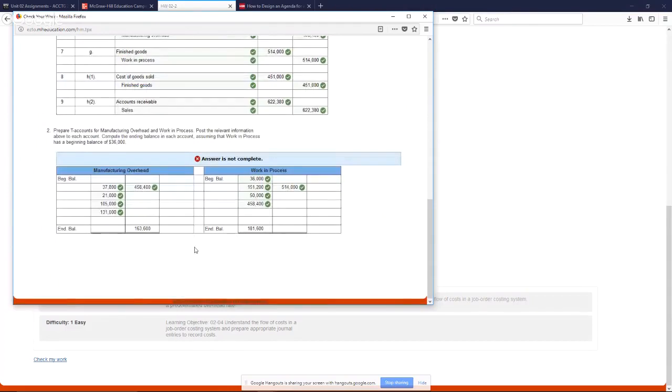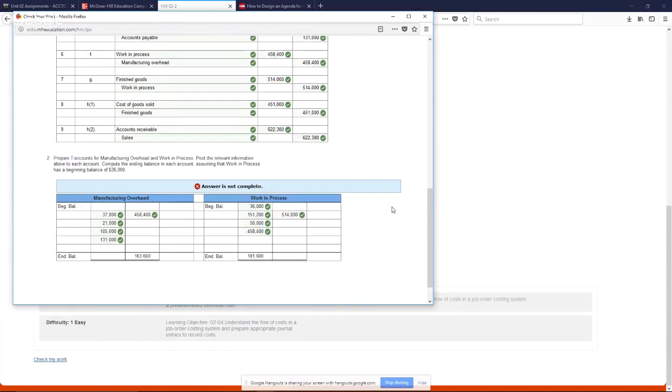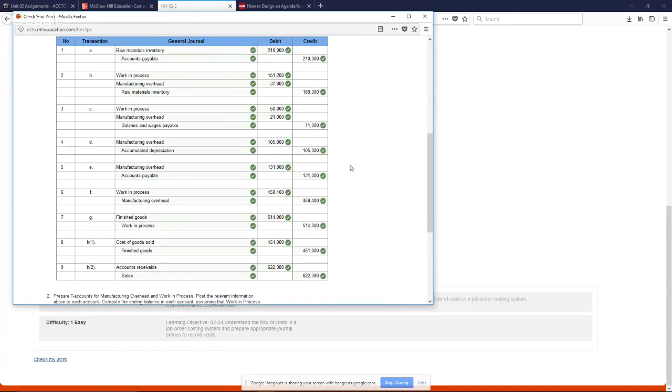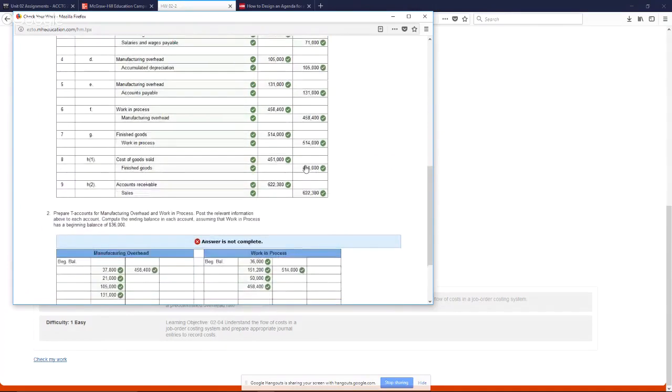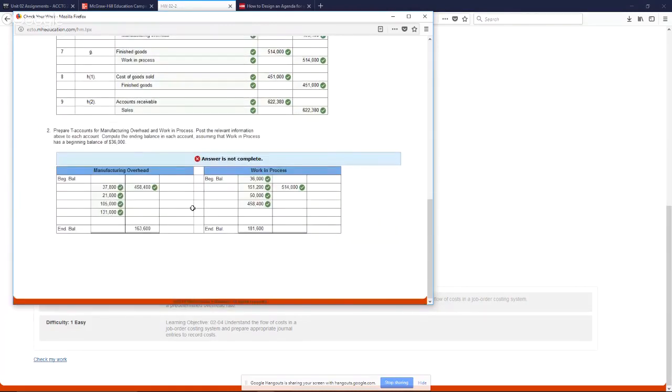It's probably one concept that I didn't grasp. It's just interesting that the top is right and the bottom's wrong. So I think it might be clearing an account or something like that.